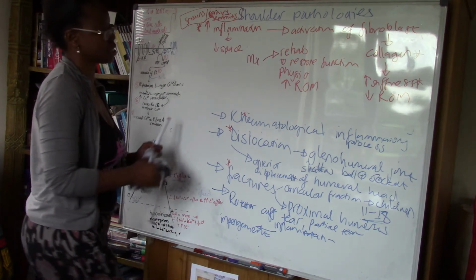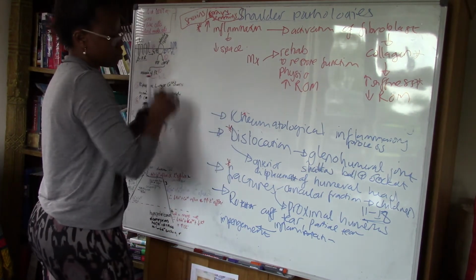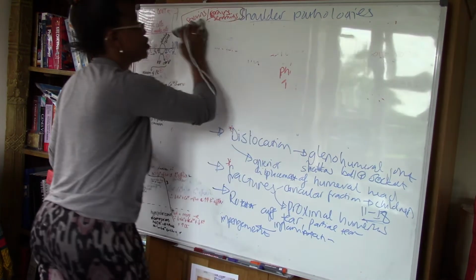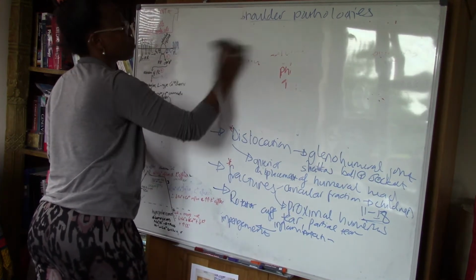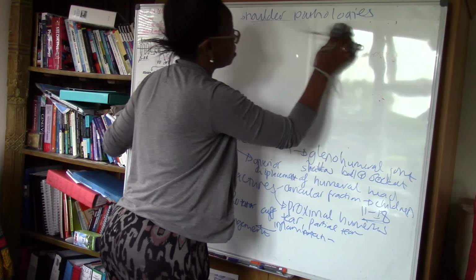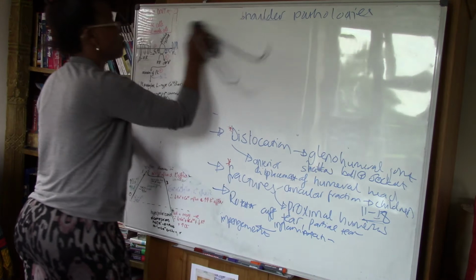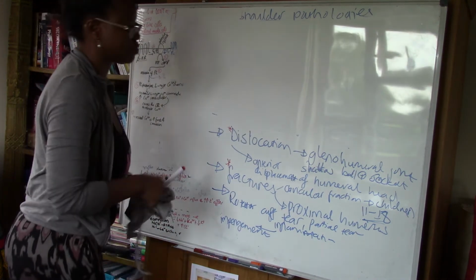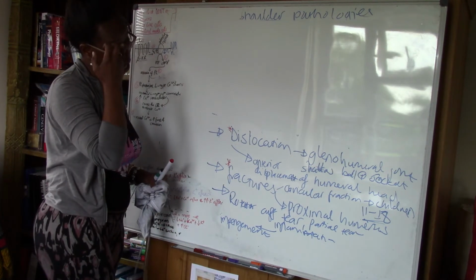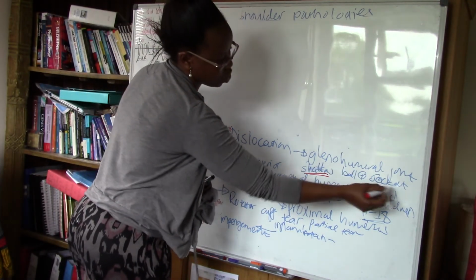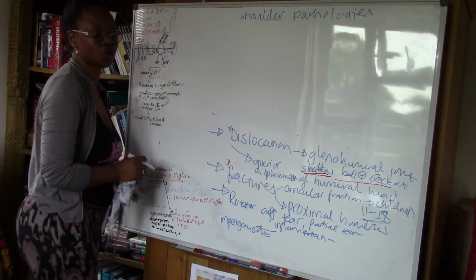of the joint itself. So in terms of dislocation, so now I'll move on to dislocation. These were just a brief talk on rheumatological inflammatory processes. So in terms of dislocation, the most common dislocation is the glenohumeral joint, because it's a shallow joint.